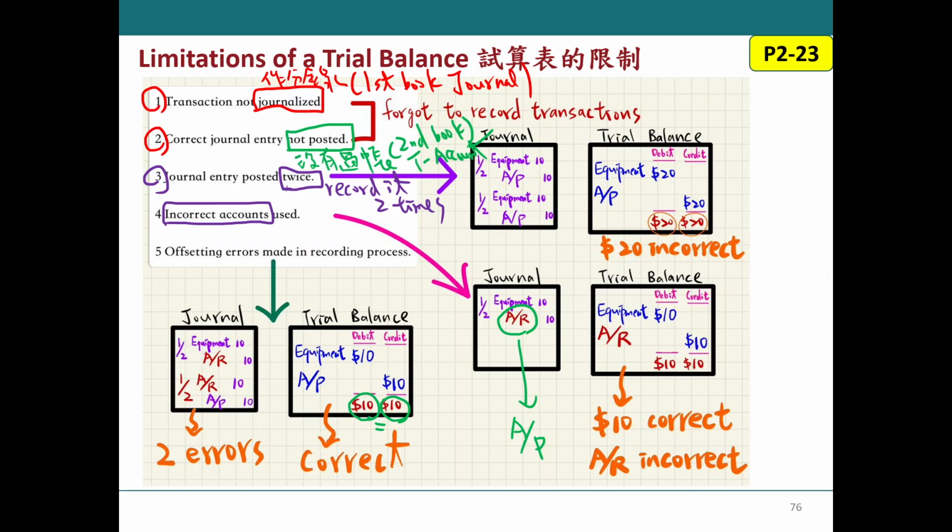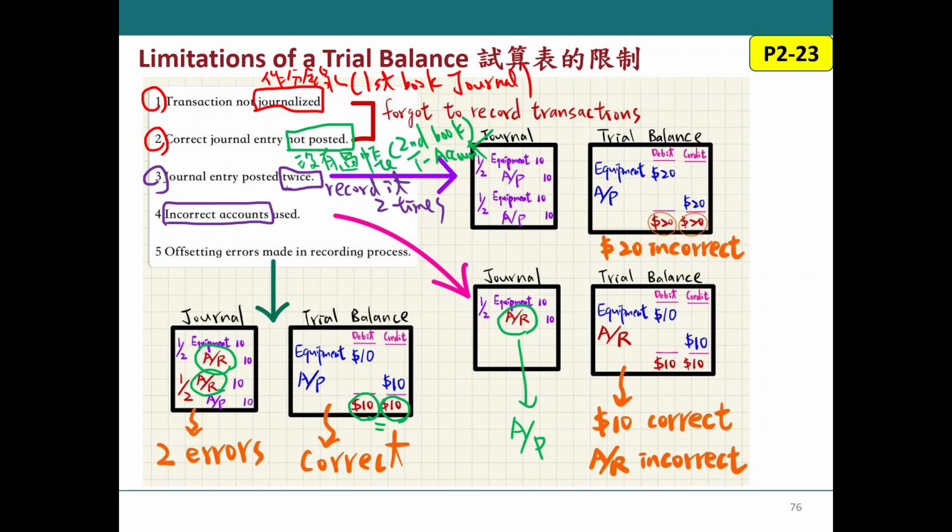But when you go back to look at the details, it's two errors. Okay? So did you find out? You should be very, very careful for each process, because even though I look at the trial balance and they are correct, when I go back to look at the process, you find out two errors.